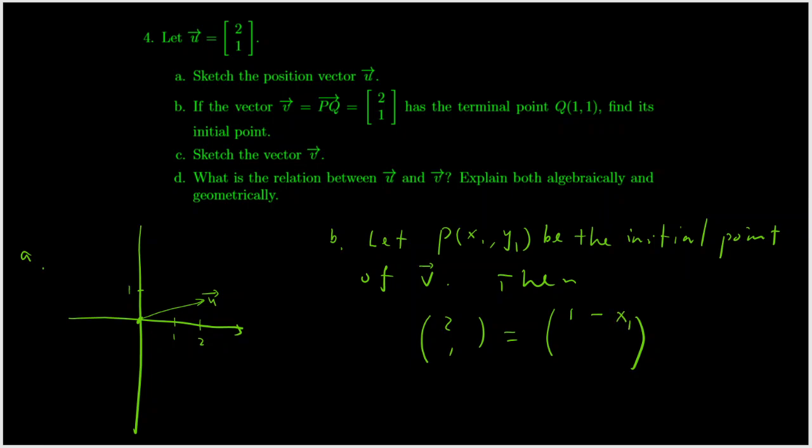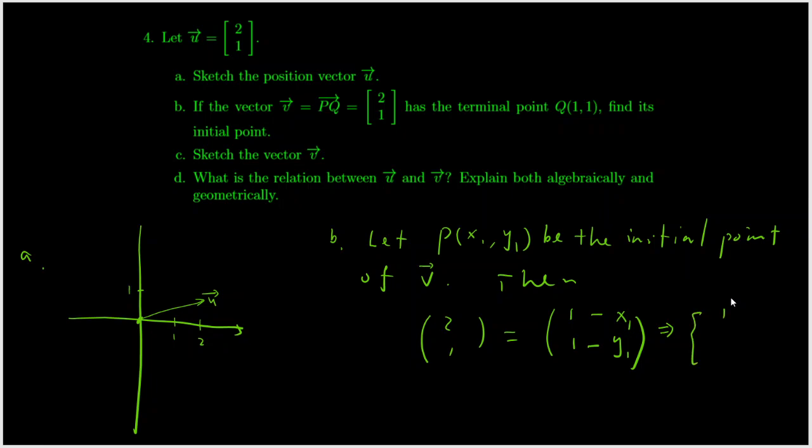Later on, we are going to solve the equation for x1, y1. Likewise, the y coordinate of the terminal point, 1, minus the y coordinate of the initial point, y1. You remember two vectors are equal if their corresponding components are equal. From this we have a system of equations.